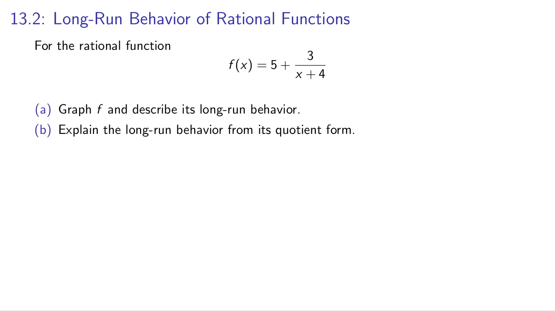For the rational function 5 plus 3 over x plus 4, graph f and describe its long-run behavior. So here we have a rational function already put into quotient form for us, which simplifies our lives for describing the long-run behavior. So let's draw an x-axis and a y-axis.